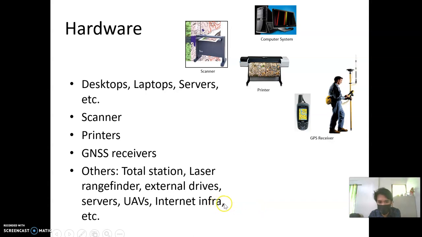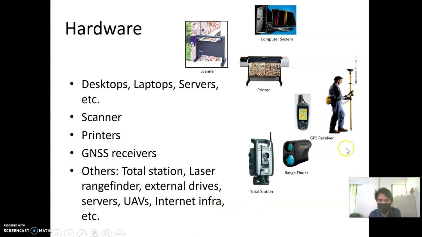Internet infrastructure and so on. This is a rangefinder and a total station. The total station gives a much more accurate reading compared to your GPS receiver. The rangefinder is also accurate in a way, about 1 meter or less than 1 meter. That is how accurate. But these equipment are expensive, and our campus has not yet purchased them.